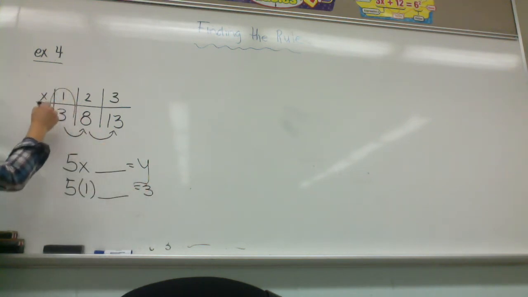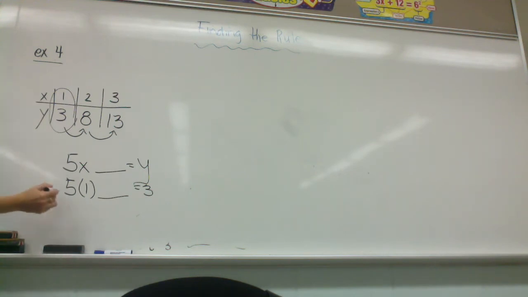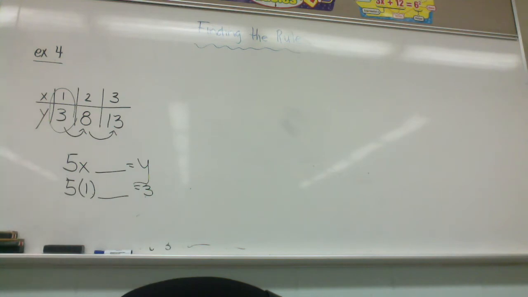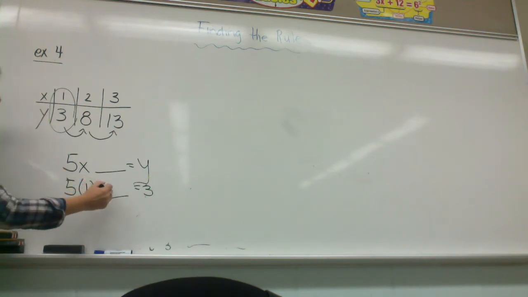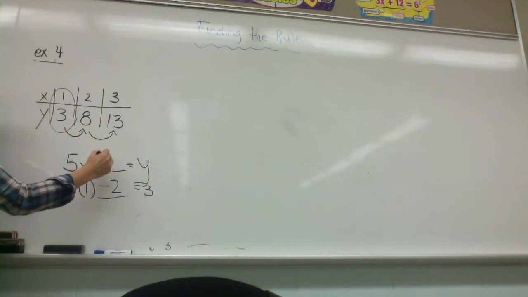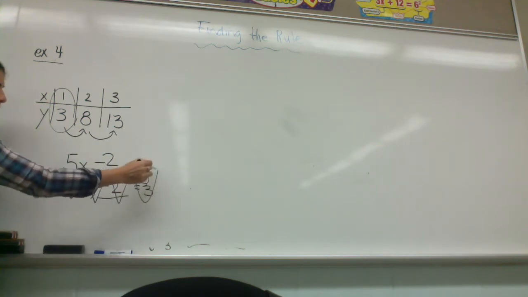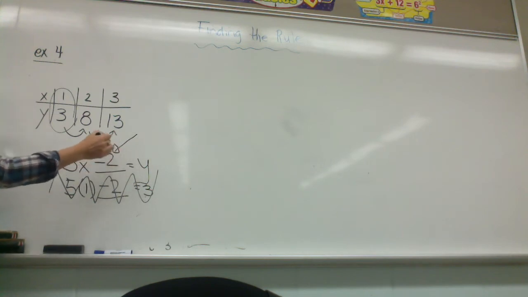So he used the x, y coordinates of 1 and 3. 5 times 1 is 5. What equals 3? Minus 2. So we put minus 2 here, and we cross this off because we used it to find the initial value of negative 2, minus 2, whatever you want to call it.